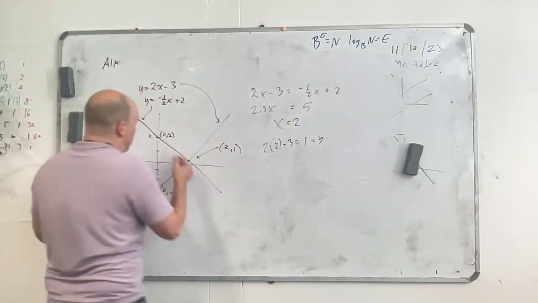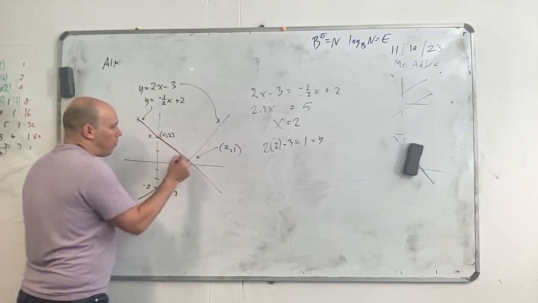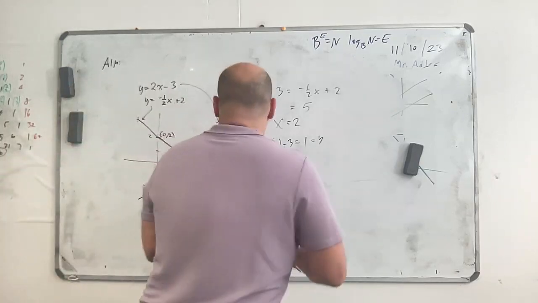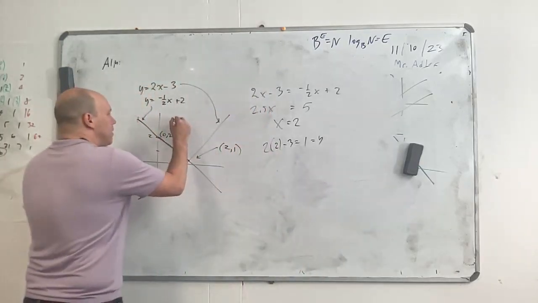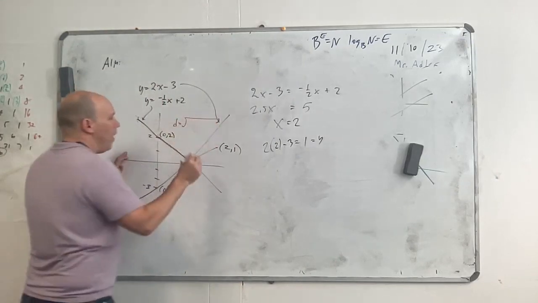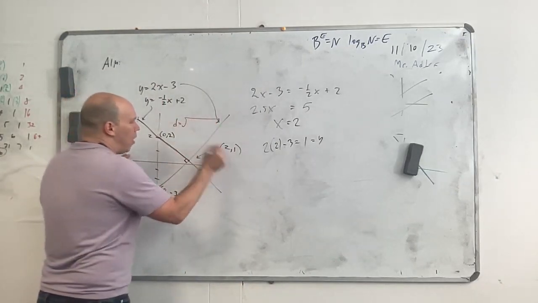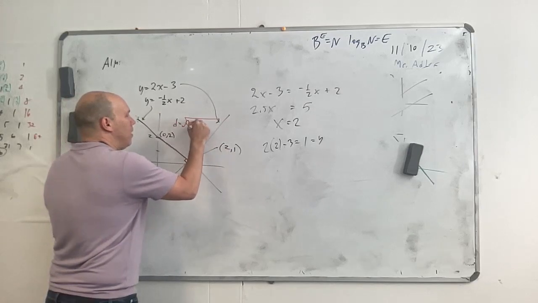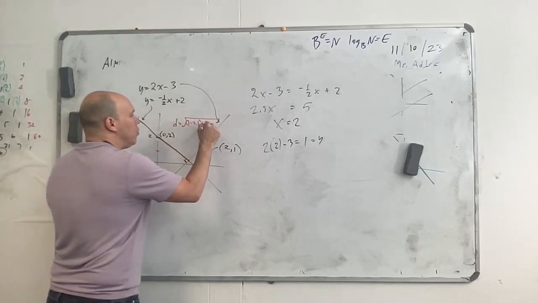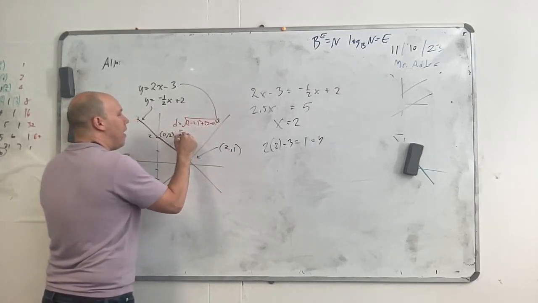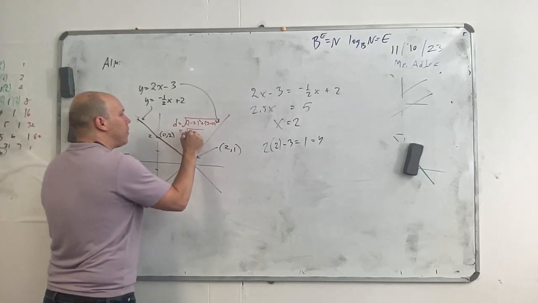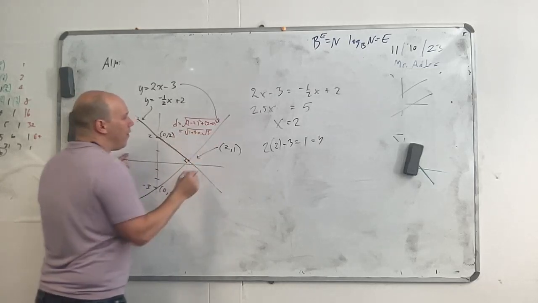We can quickly do the distance formula, because that's what we know. The distance here is the square root of the change in x, 1 minus 2 squared, plus the change in y, 2 minus 0 squared. We have the square root of 1 plus 4, which is the square root of 5.